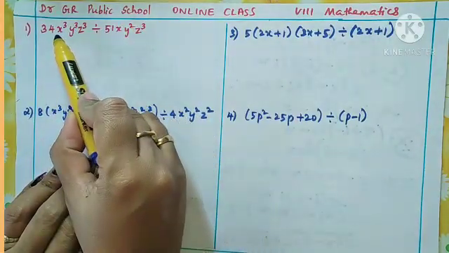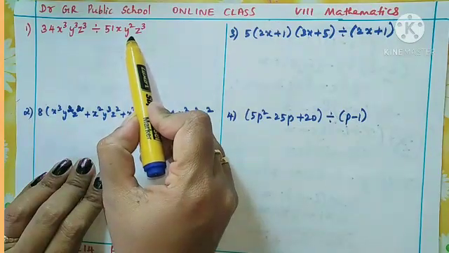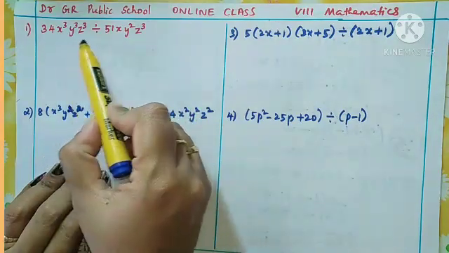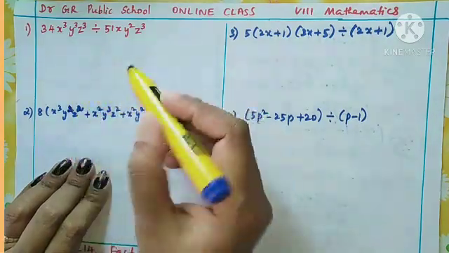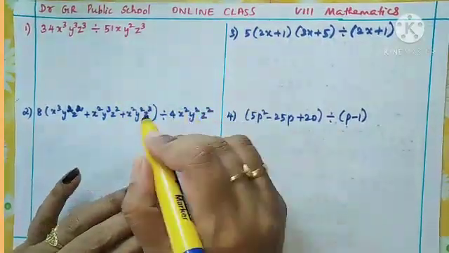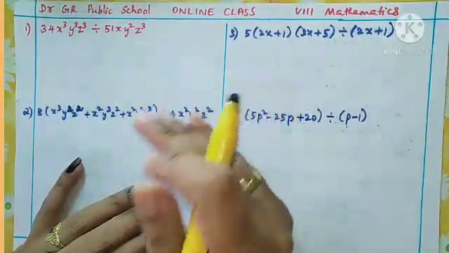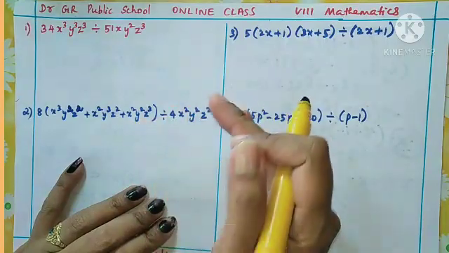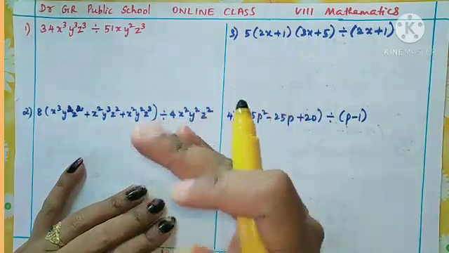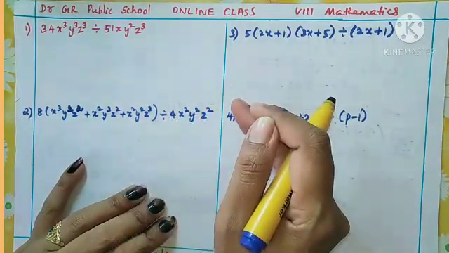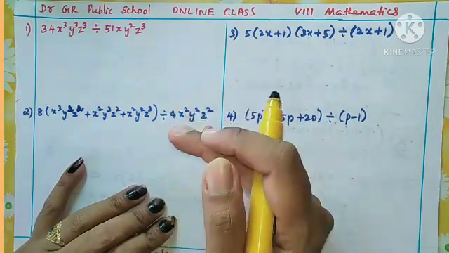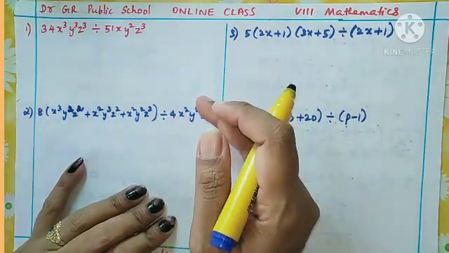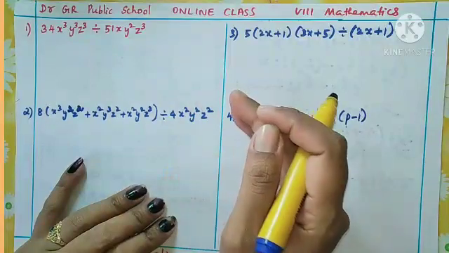So monomial divided by a monomial. Understand? Whenever you are doing division, the important thing is you want to find out the factors and split the term accordingly, and then you can do the cancellation method and find out the answer.